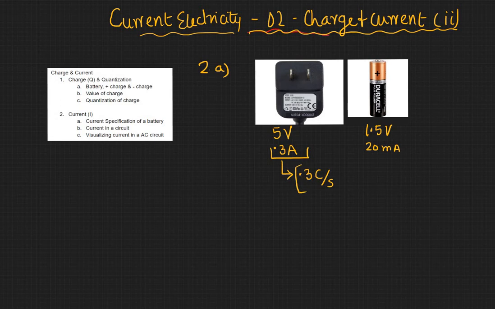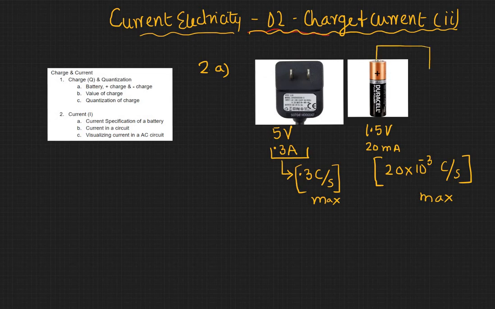So there's a max that this adapter can do. And in this case this battery can do a max of 20 times 10 to the power minus 3 coulombs per second. This is the max this battery can deliver. How many coulombs every second flows through a circuit is entirely dependent upon the load that you connect.